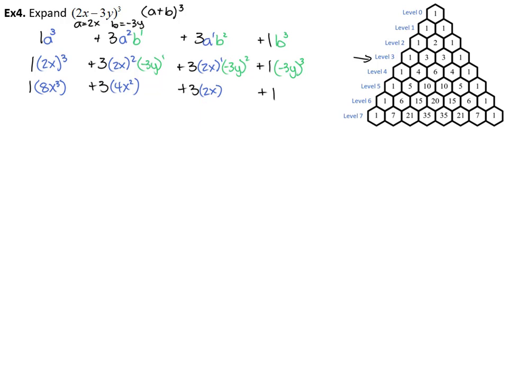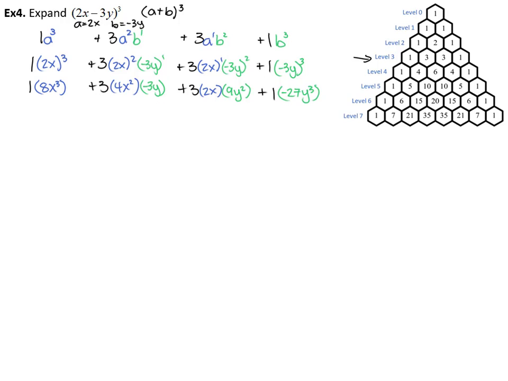And now let's go back and do our powers of b. Negative 3y to the first is just negative 3y. Negative 3y to the second is positive 9y squared, right? Negative 3 times itself twice. And be careful here as well. Negative 3 times itself 3 times is negative 27y cubed.